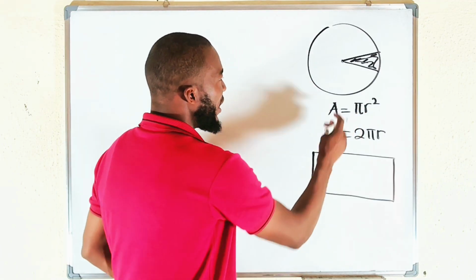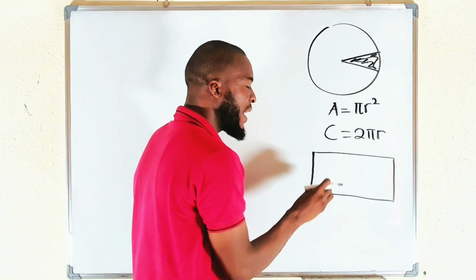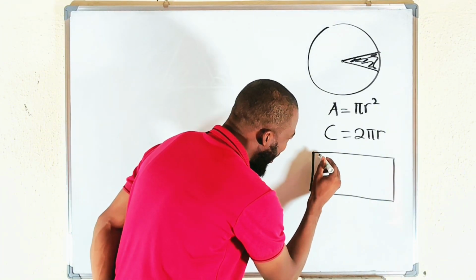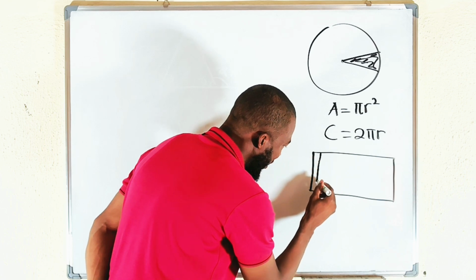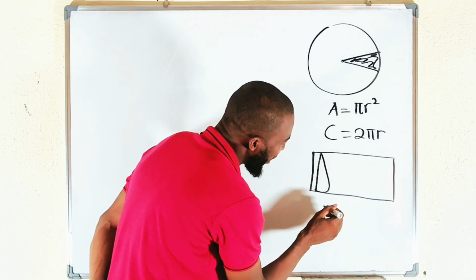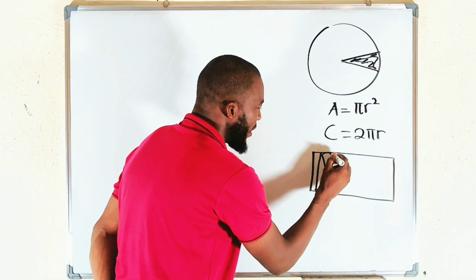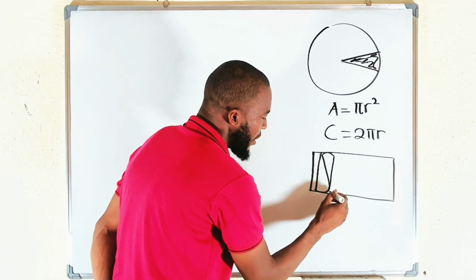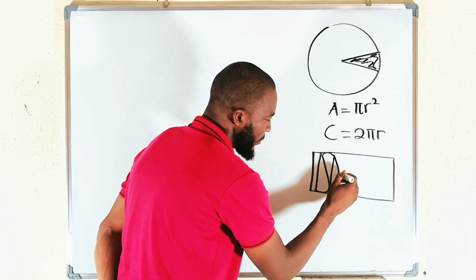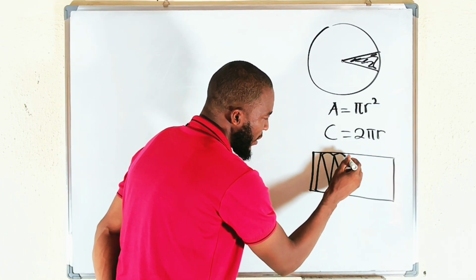What do I mean? If I cut this sector and place it here, but we are going to cut tiny sectors so that we could have something like this. This is one sector, right? Then I can place another one here, then another one here, another one here.